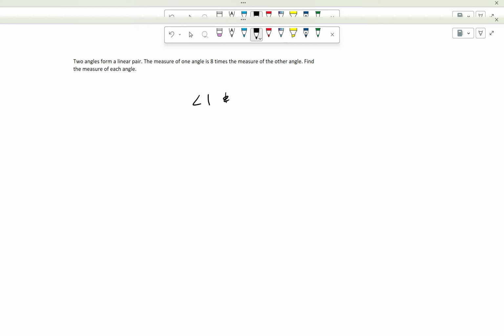Angle 1 and angle 2 are a linear pair. Therefore, because we have just 2 angles, let's call them 1 and 2. So that means angle 1 plus angle 2 is 180.